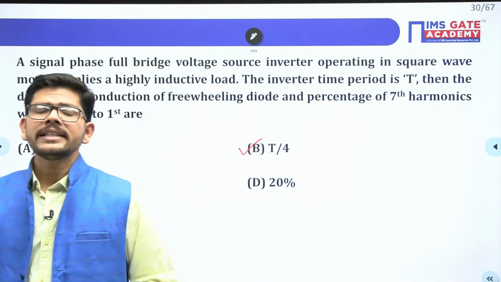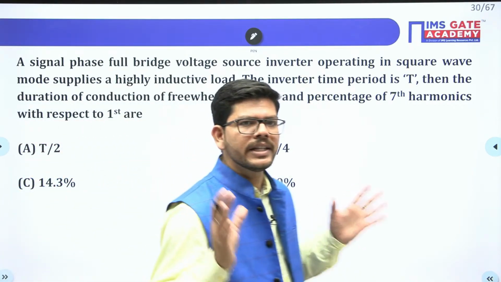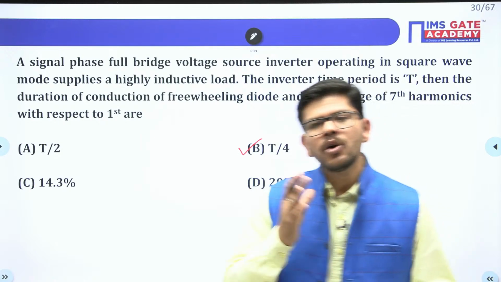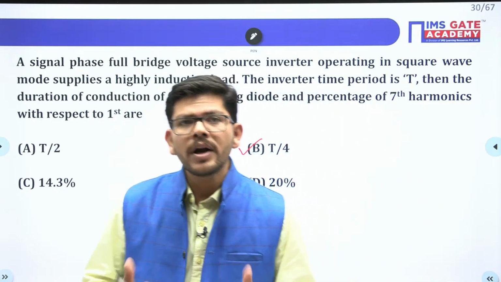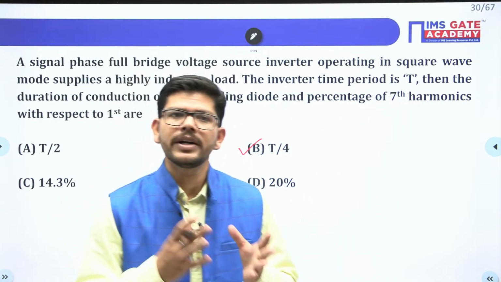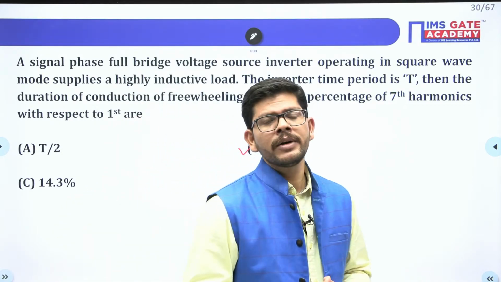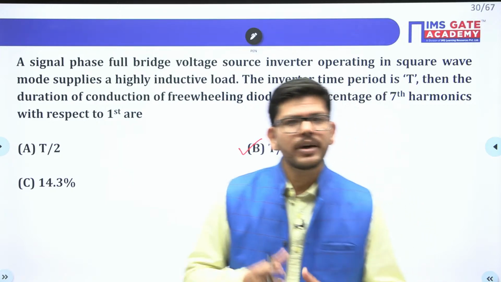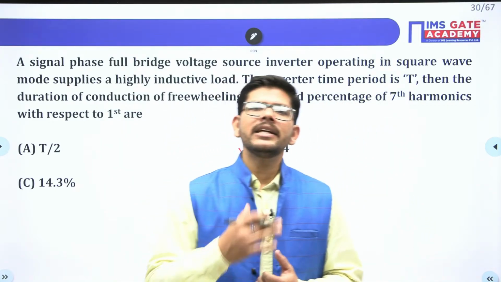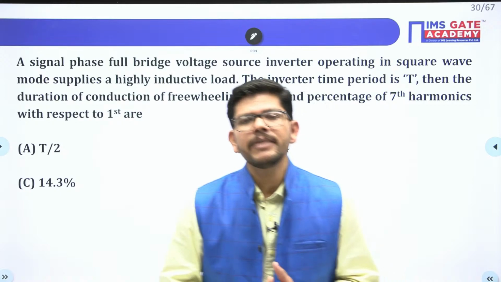If the load is purely resistive, the diodes will not conduct, and T1, T2 or T3, T4 will conduct for T by 2 duration. If the load is purely inductive, the diodes will conduct for T by 4 duration, and the thyristors will also conduct for T by 4 duration.